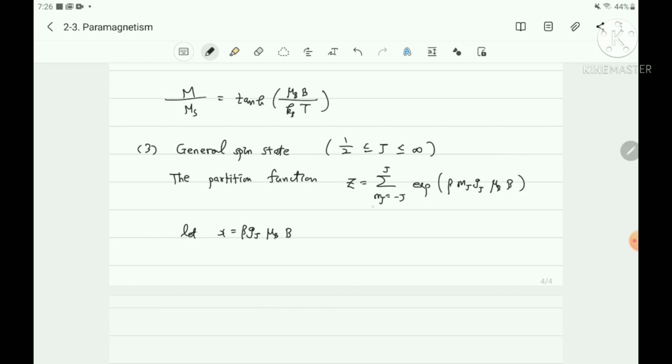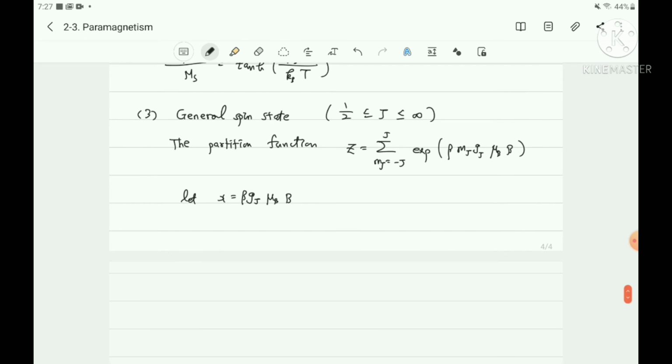Here, because mj is a summation index, other elements of beta gj mu B we denote by x.